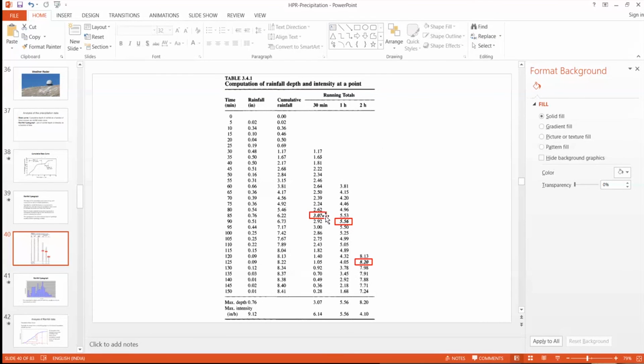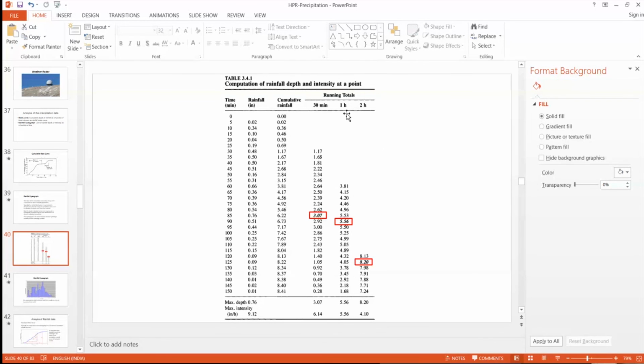The maximum rainfall in the 30 minute interval is 3.07, the maximum rainfall in the 1 hour interval is 5.56, and the maximum rainfall in the 2 hour interval is 8.20. Intensity is nothing but the amount of rainfall collected divided by the interval. So 3.07 divided by half an hour equals 6.14 inch per hour.